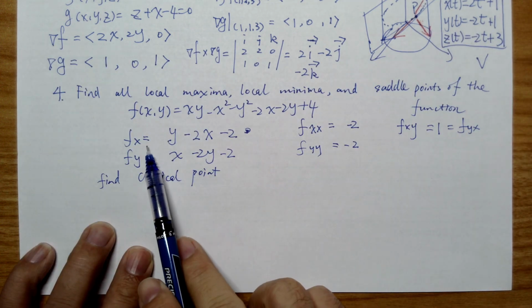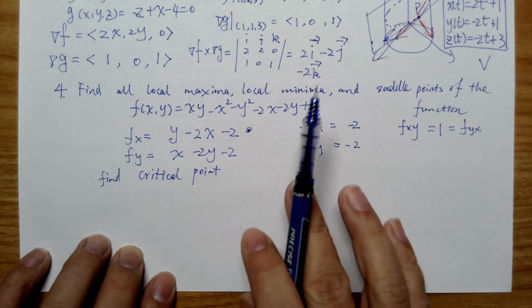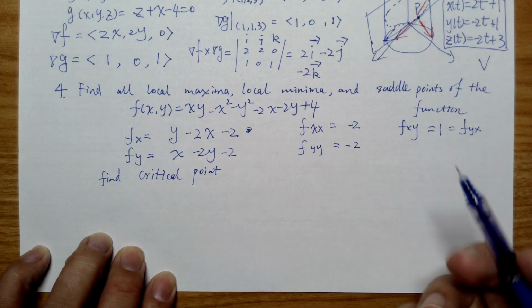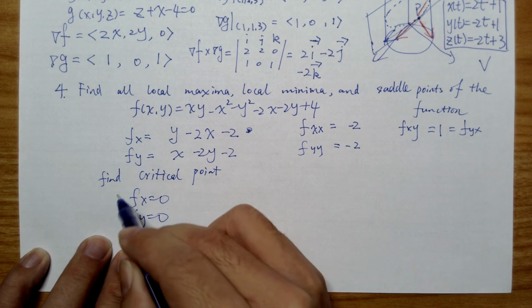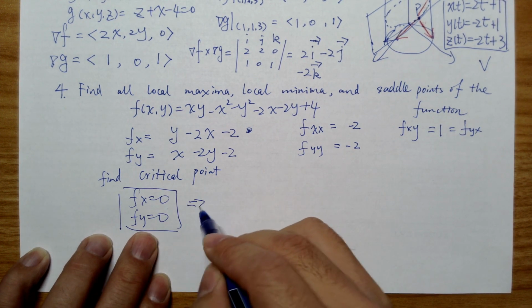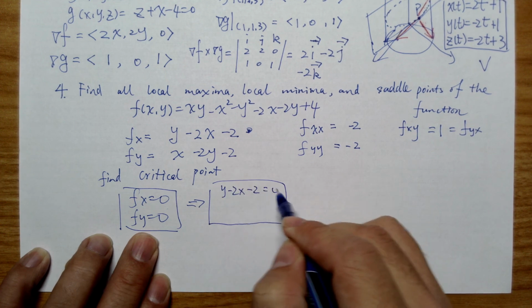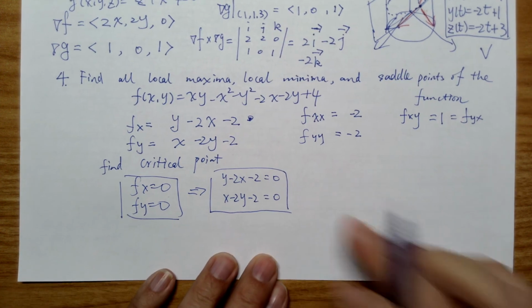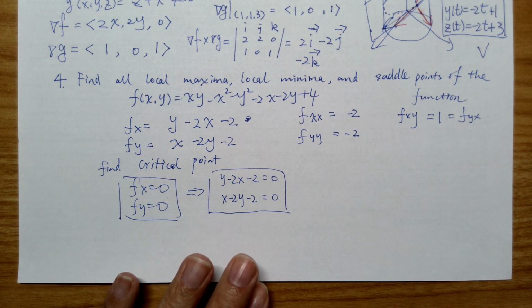Since both partial derivatives exist here, the critical point only exists when both equal 0. So we have this pair: y minus 2x minus 2 equals 0, and x minus 2y minus 2 equals 0.